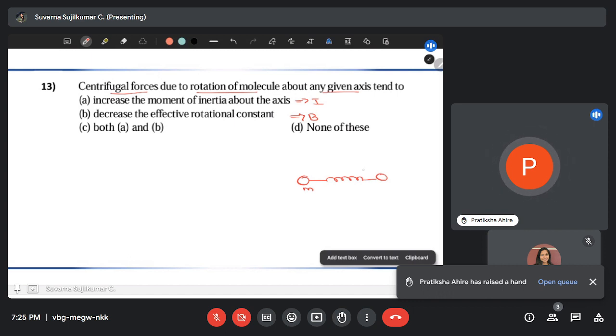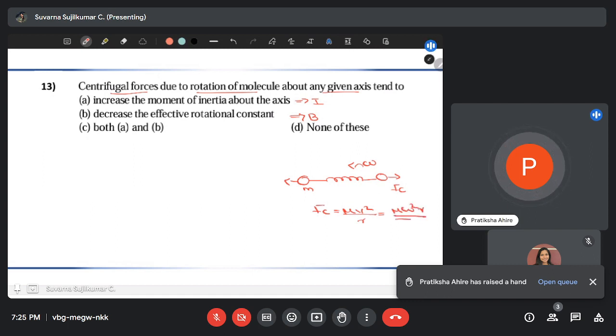When the molecule rotates with angular velocity omega, there will be an outward force. That is the centrifugal force F C. The mathematical expression for F C is given by mu v square divided by r, which can also be represented as mu omega square r.